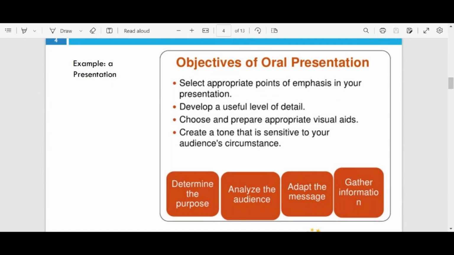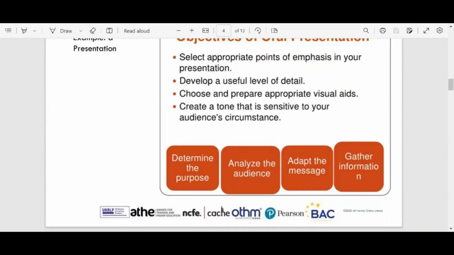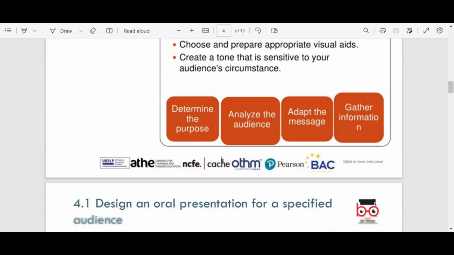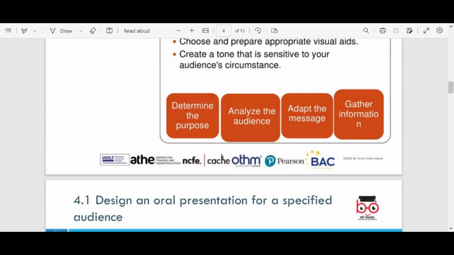So you need to determine the purpose, analyze the audience, adapt the message and gather information. It helps you create ideas when students come up with creative slides to illustrate their talk. The whole point of presentation aids is that it makes a much more interesting talk, doesn't it? And the creation develops students' confidence as well.